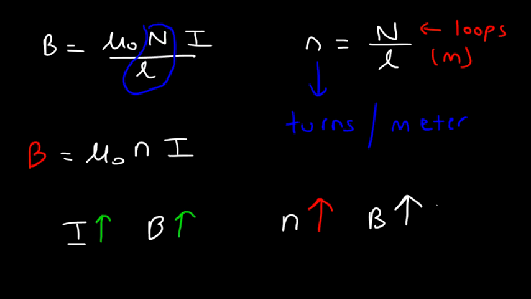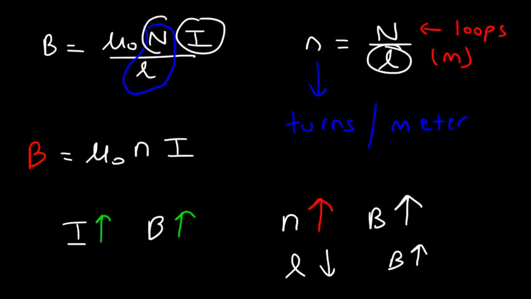So you want to increase the number of turns, you want to increase the current, but you also want to decrease the length. If you can decrease the length, the magnetic field will increase as well. So the magnetic field is directly related to the current, it's related to the number of turns, and it's inversely related to length.